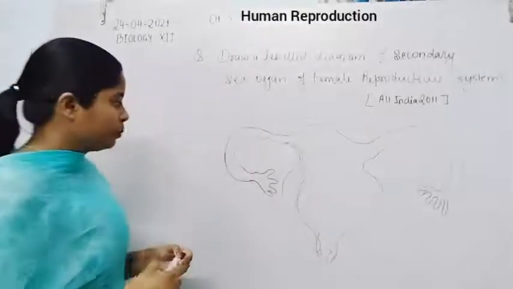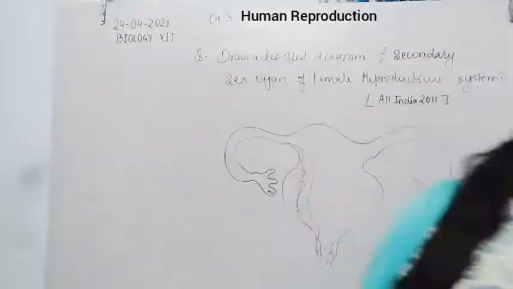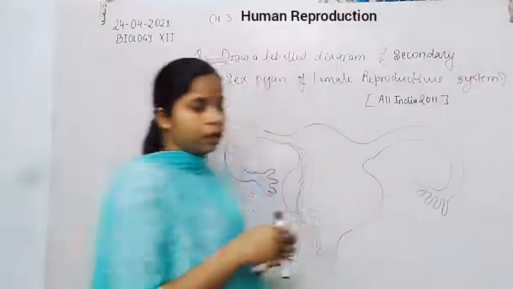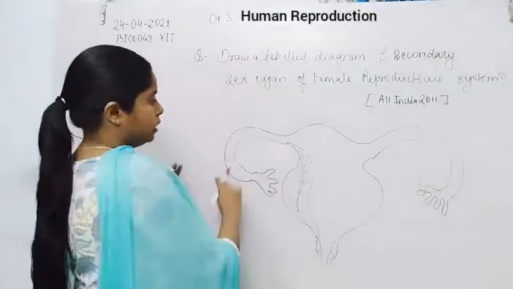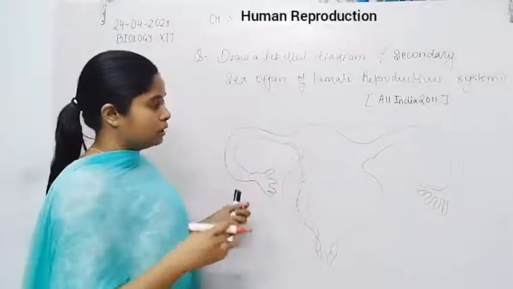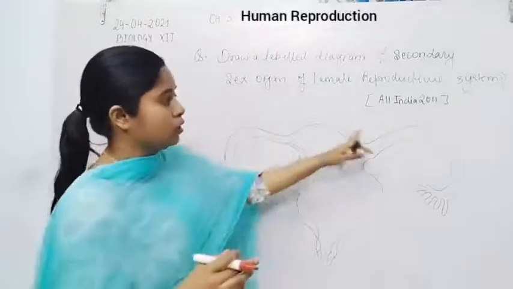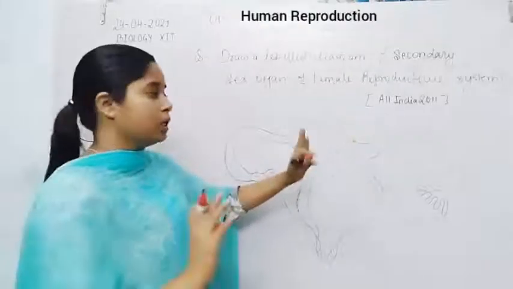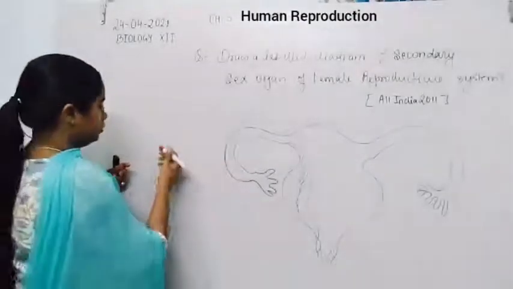These are some important parts of the secondary sex organ. The accessory duct is only the oviduct or fallopian tube. The fallopian tube consists of 4 parts.